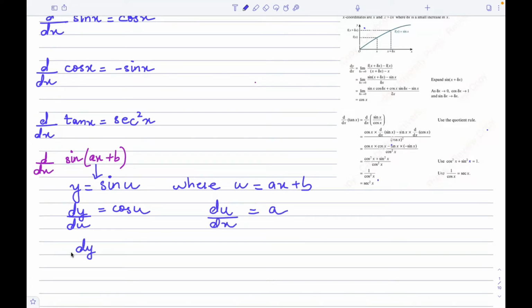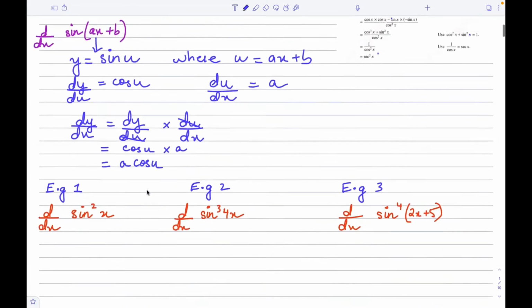So dy by dx can be written as dy by du multiplied by du by dx. When we cancel the du out, we see that dy by dx remains. So this can be written as cos u multiplied by a, and we can simplify it to a cos u. And this method can be applied to the other two functions as well, cos x and tan x.